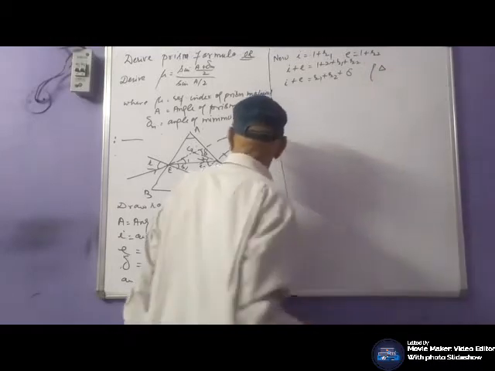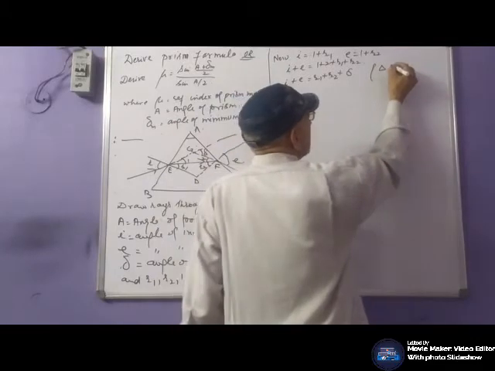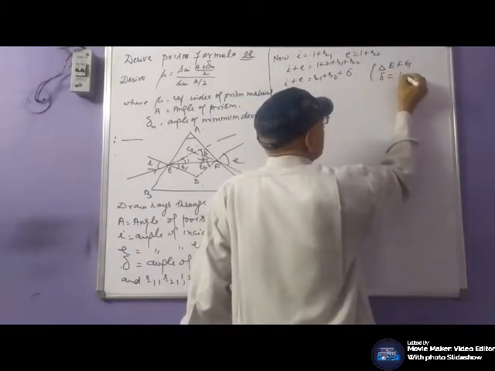Triangle EFG, delta is external angle, it is 1 plus 2.